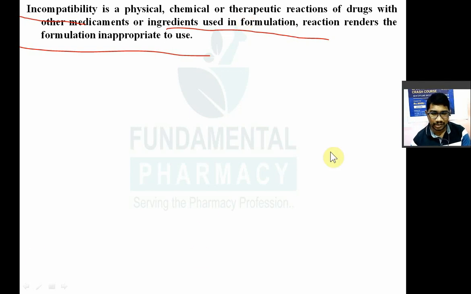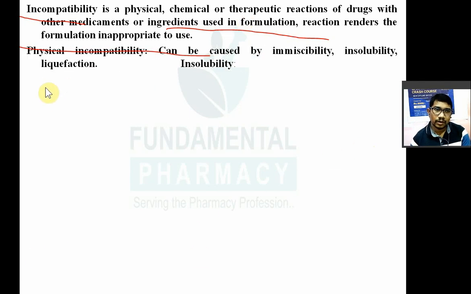Now we have seen the types of incompatibility. Physical incompatibility can be caused by immiscibility, insolubility, or liquefaction. The first one is insolubility.